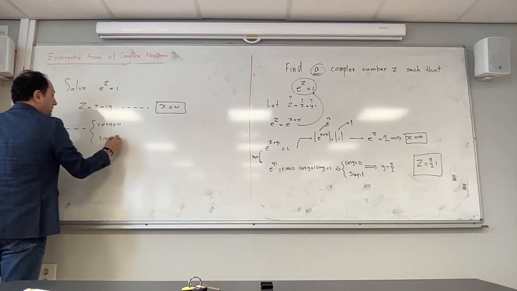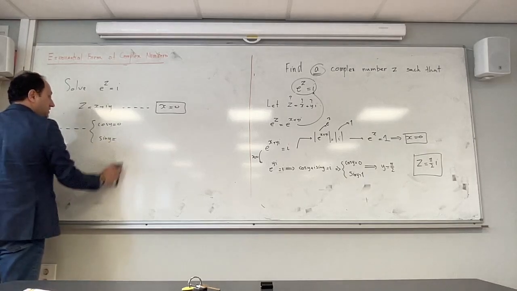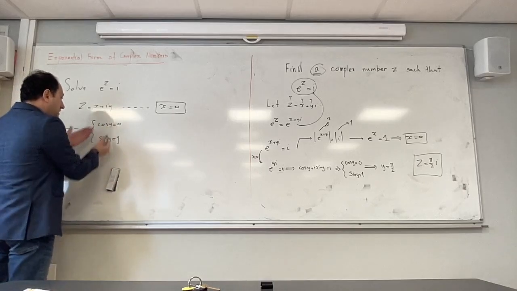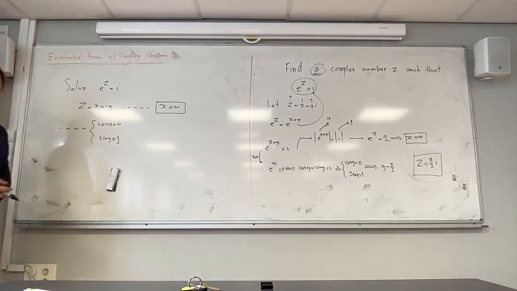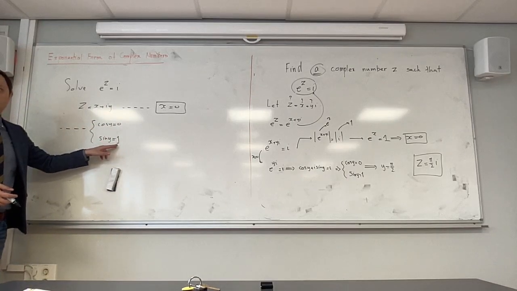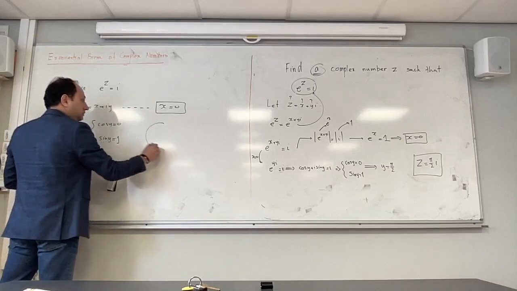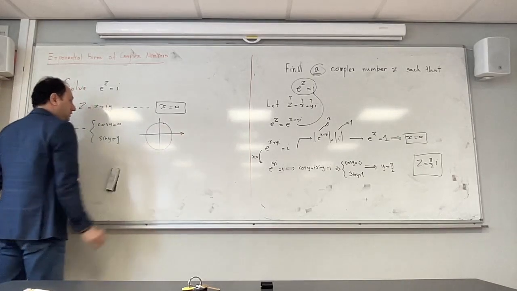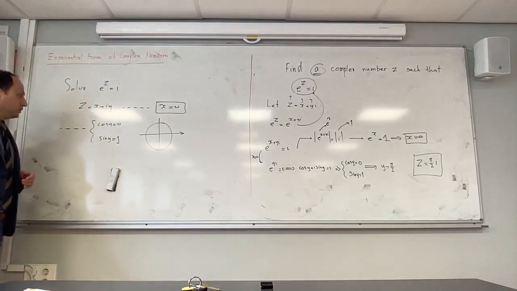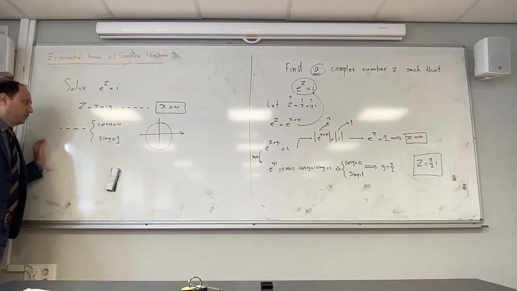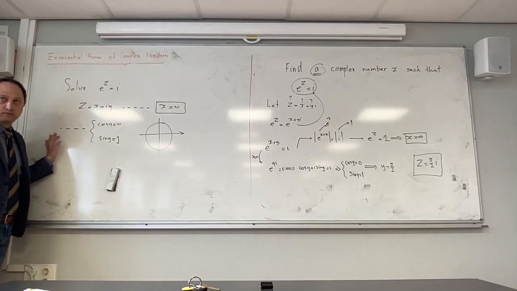But can you now tell me what is the general solution to this system? I don't want one y, I want to find all y's with these two properties. Cosine should be 0, sine should be 1. Where is it located? Cosine is related to the x coordinate and sine is related to the y coordinate. So you want to have your x coordinate 0, your y coordinate 1. Where is that? 90 degrees.